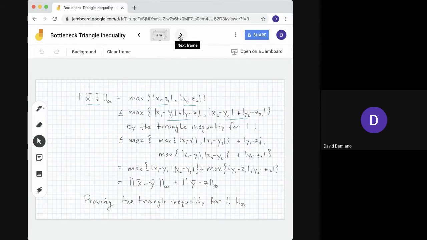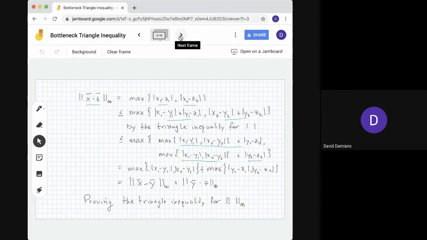Now, look at the first term: absolute x1 minus y1 plus absolute y1 minus z1. That will be less than or equal to the max of absolute x1 minus y1 and absolute x2 minus y2, since that can only get bigger when we take the max, plus absolute value of y1 minus z1. Now we do the same thing for the second coordinate. We replace absolute x2 minus y2 by the max of absolute x1 minus y1 and absolute x2 minus y2, plus absolute y2 minus z2.